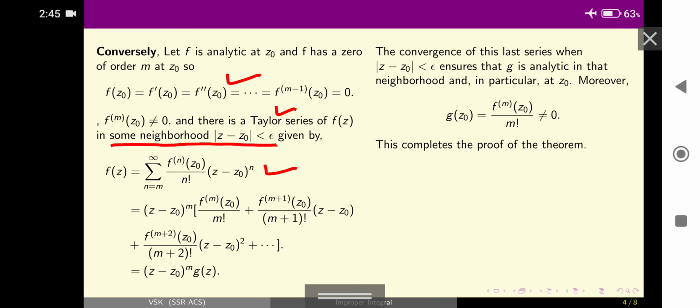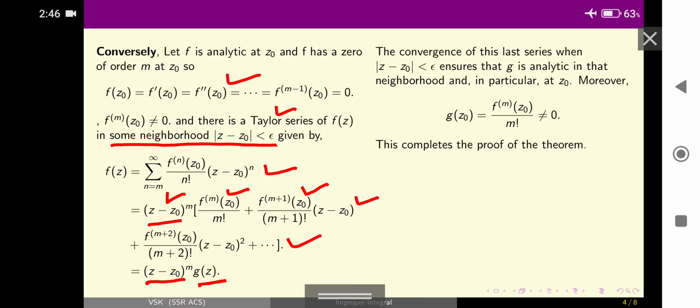Now expanding this, we can write (z minus z naught) to the power m, and in brackets the mth derivative of f at z naught divided by factorial m, plus the (m plus 1)th derivative of f at z naught divided by (m plus 1) factorial into (z minus z naught), and so on. So this can be written as (z minus z naught) to the power m outside, and whatever is in the bracket, we denote by g(z).